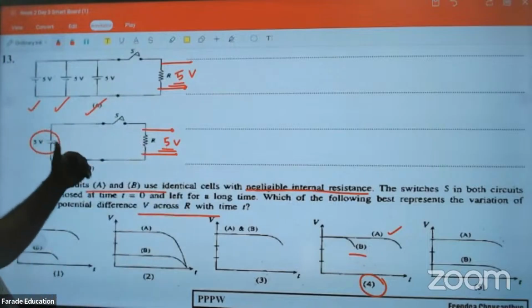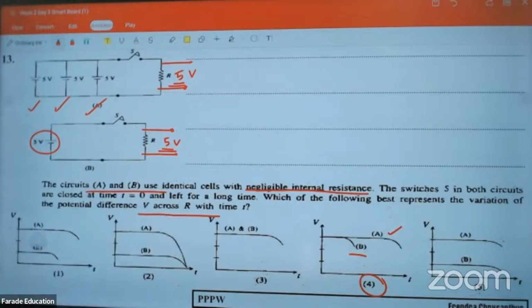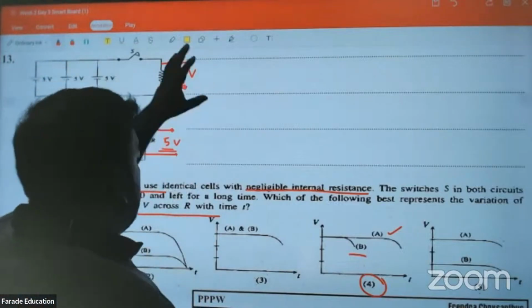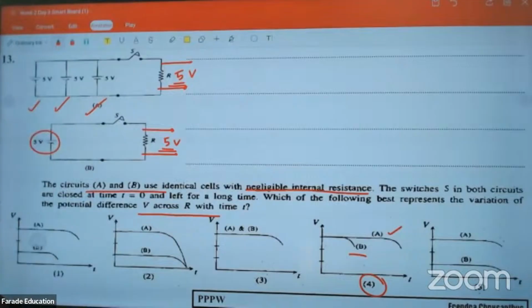A single battery will discharge quickly. But 3 parallel batteries will operate for a long time.